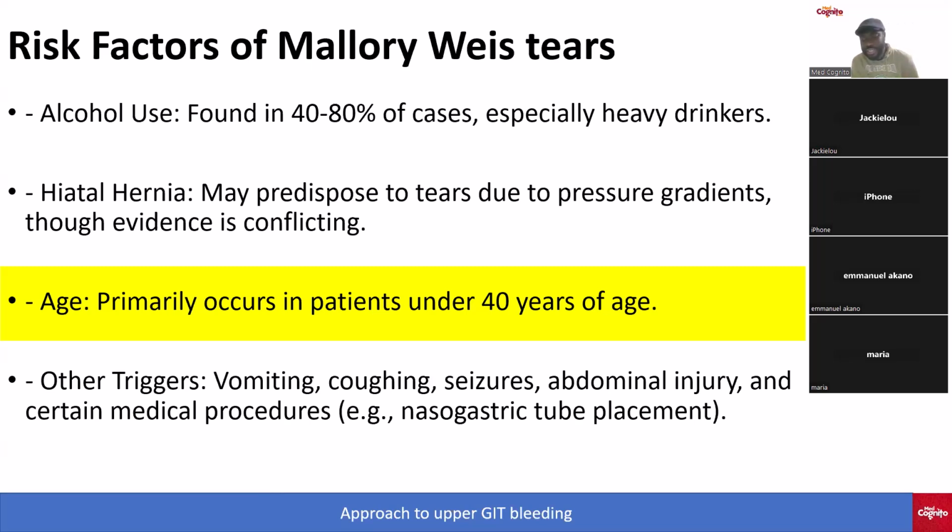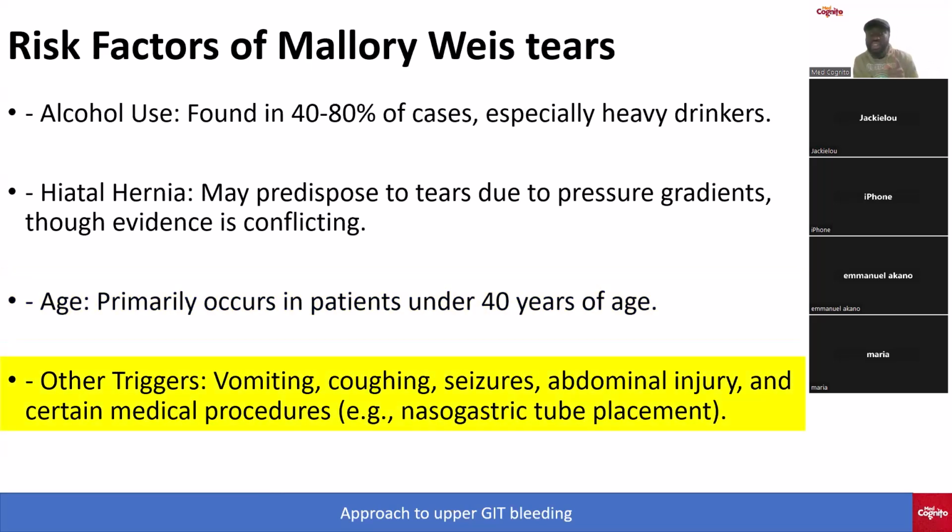Other risk factors, because a lot of people talk about vomiting. But vomiting is one, that is forceful vomiting. There can also be coughing. Another one, seizures. If I'm a tough examiner, that is one thing I'll be examining you on. I may not say that the patient vomited.